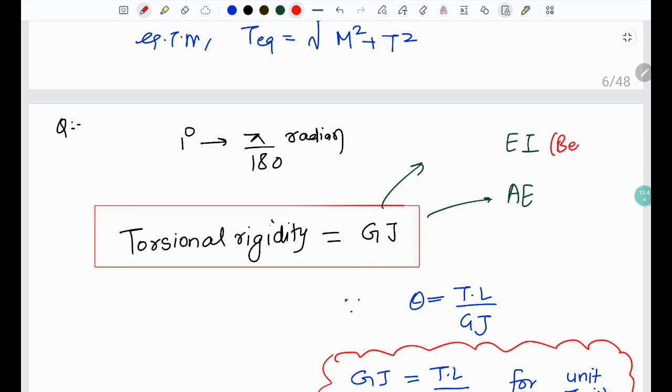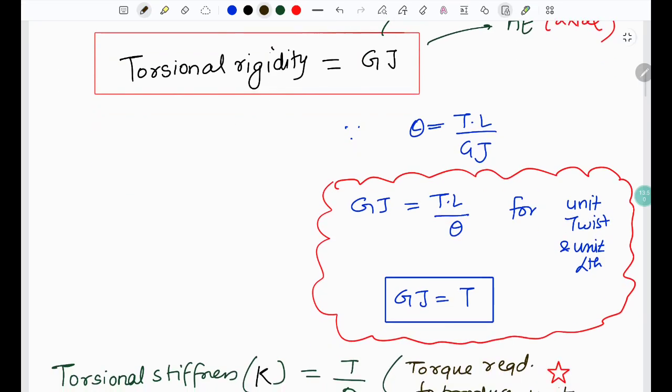This was the bending rigidity and this was the axial rigidity. Therefore theta is TL by GJ.